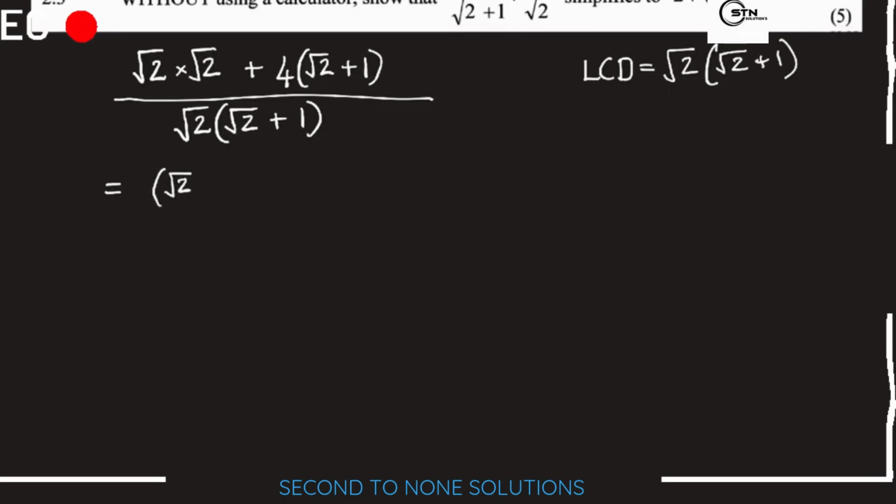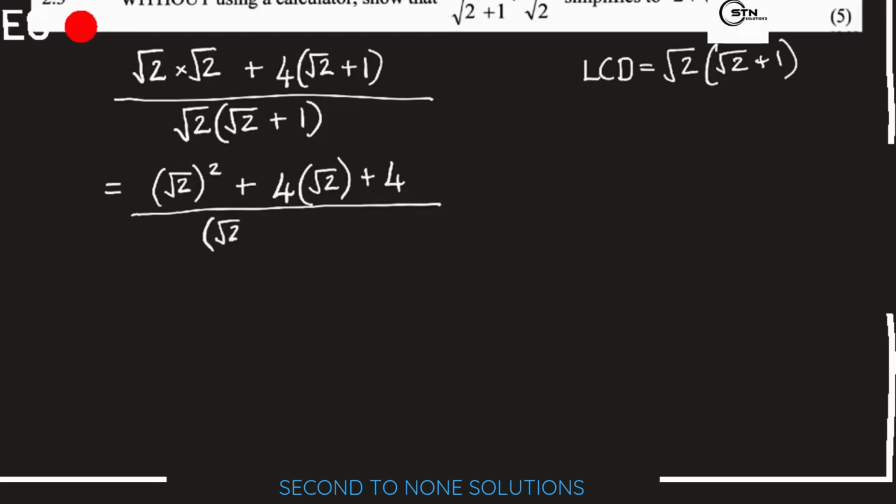I'm going to do something rather strange and keep it as square root 2, and it will become apparent very soon. Plus 4. And then at the bottom, let's multiply that out. We've got square root 2 squared plus the square root of 2.